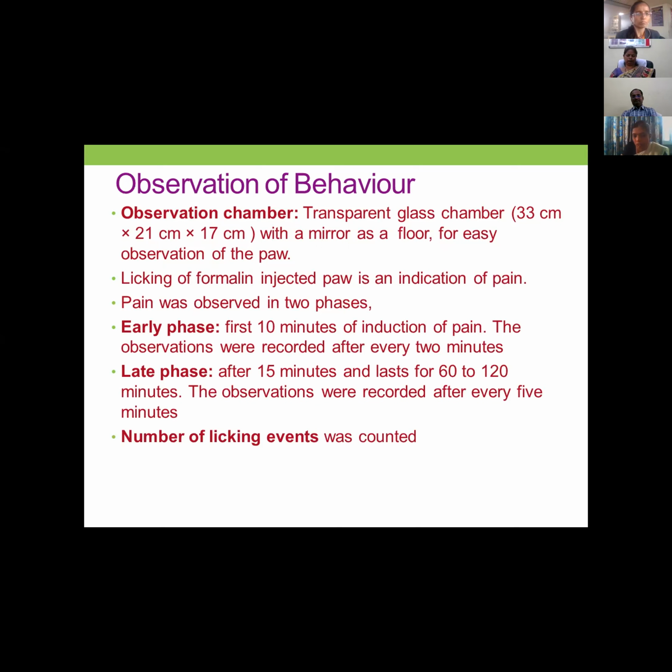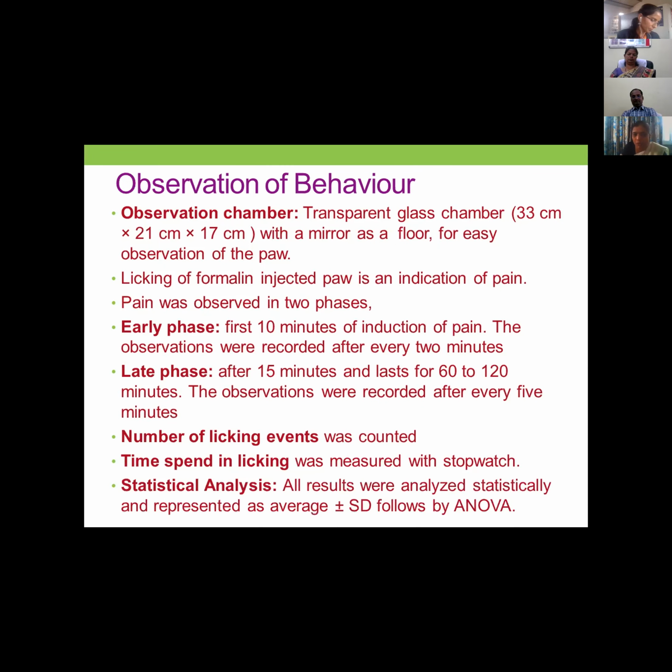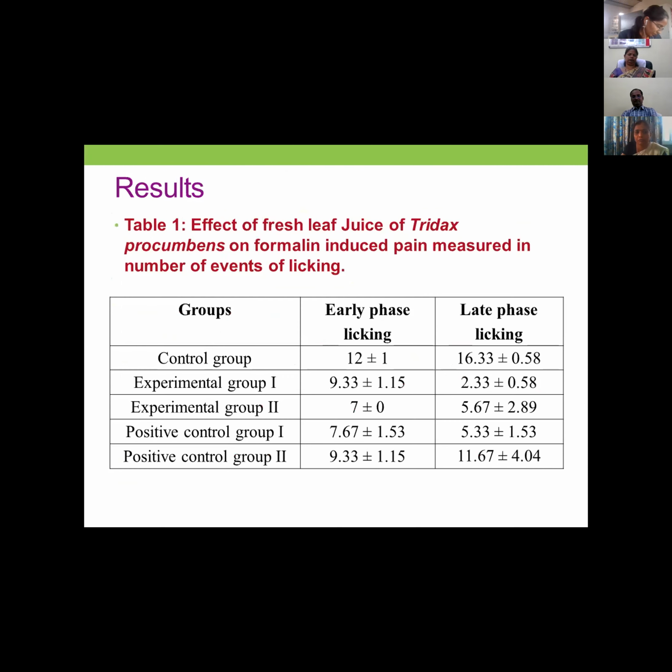We recorded the number of licking events as well as the time spent in licking, which is measured using a stopwatch. The data is analyzed statistically using average, SD, and ANOVA. So these are the results for the number of licking events. For better viewing, we will see this graph.